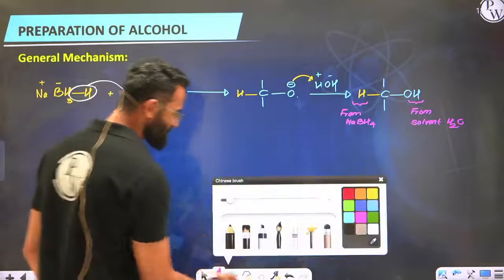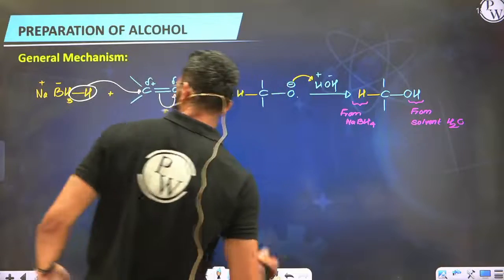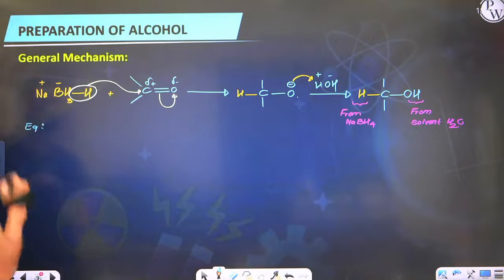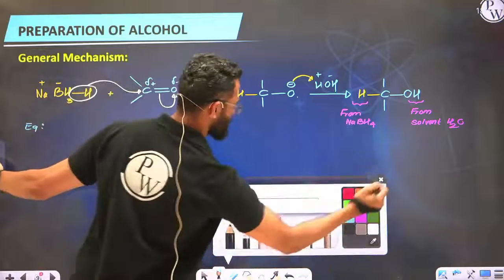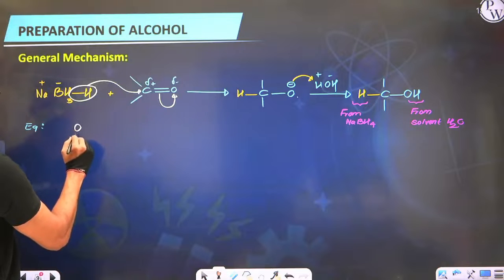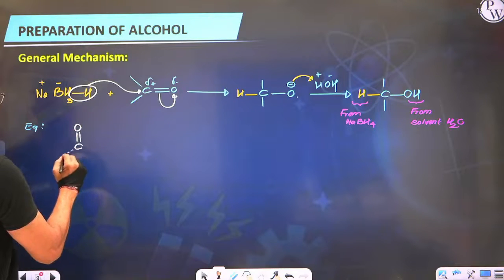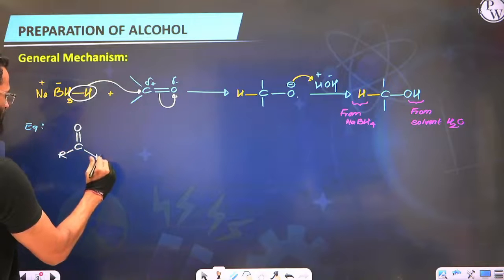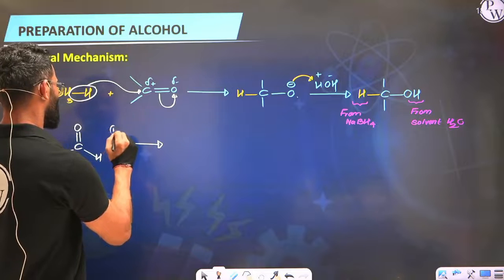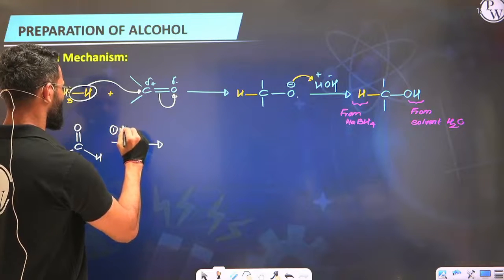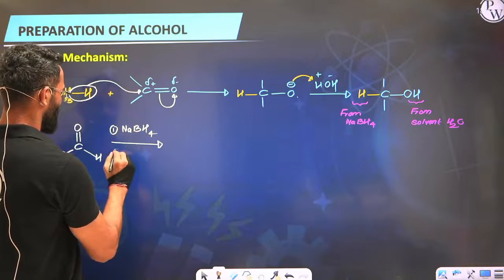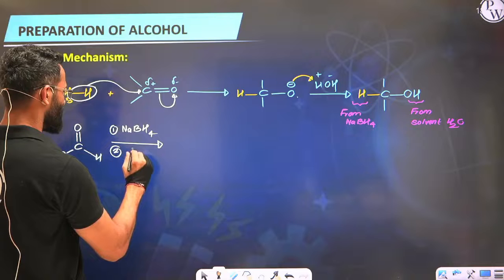So let's take some examples. Let's say we have been given some compounds like this. First, I'm taking aldehydes. Let's say on the arrow they have mentioned NaBH4, and now the hydrolysis they are doing with, let's say, heavy water, D2O.